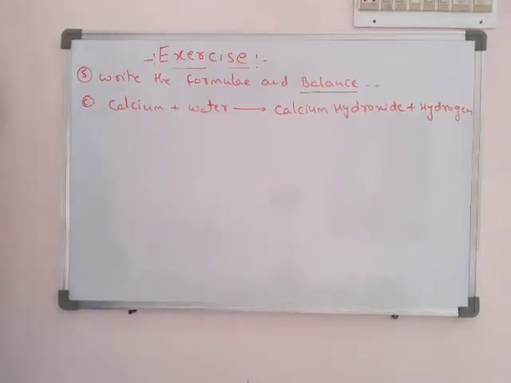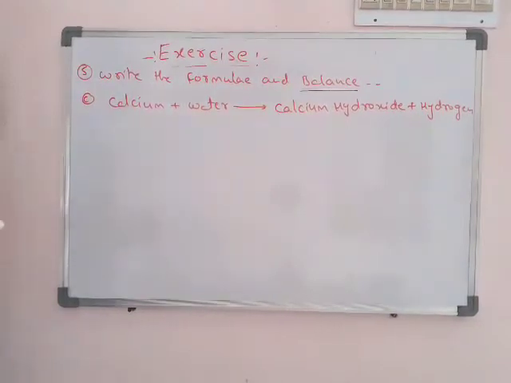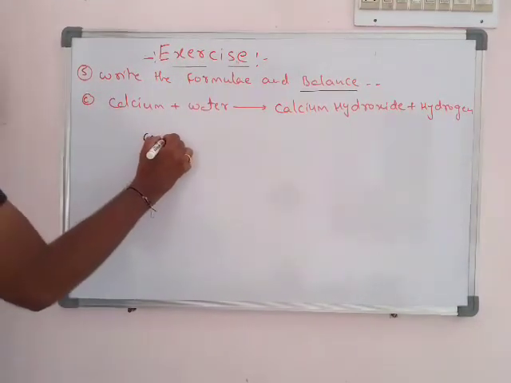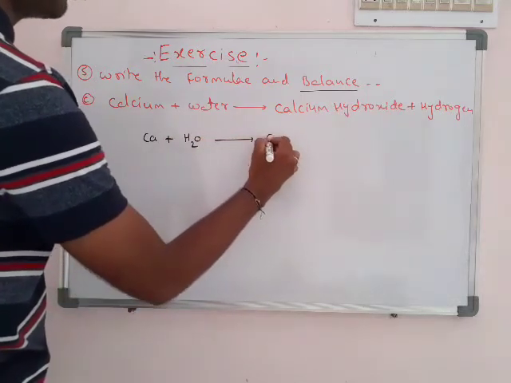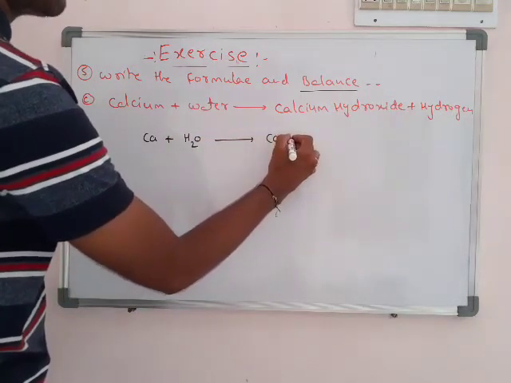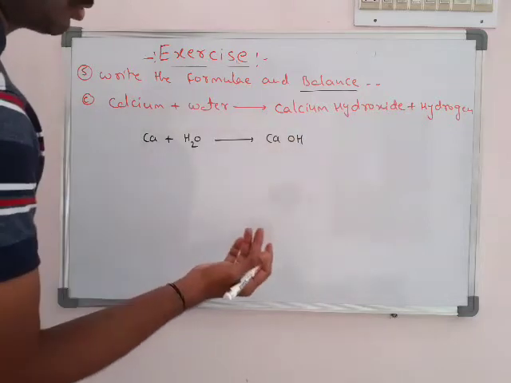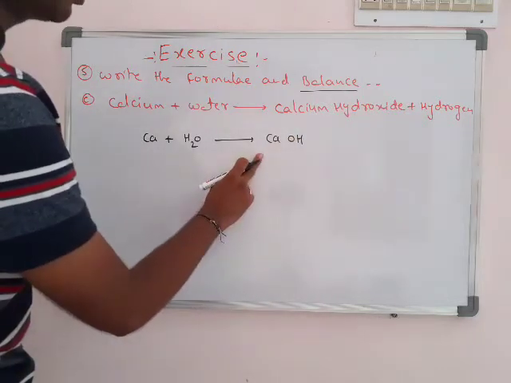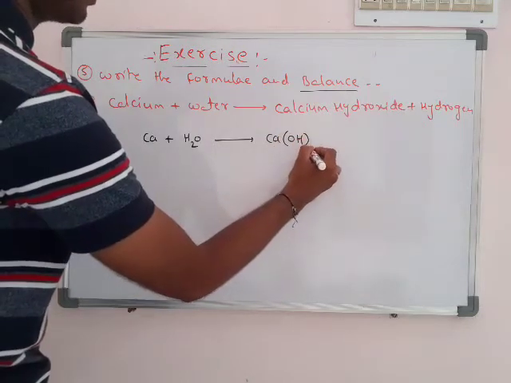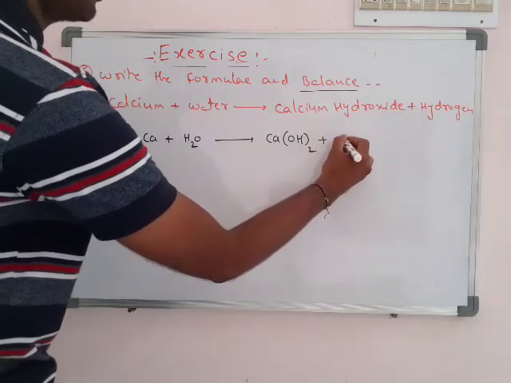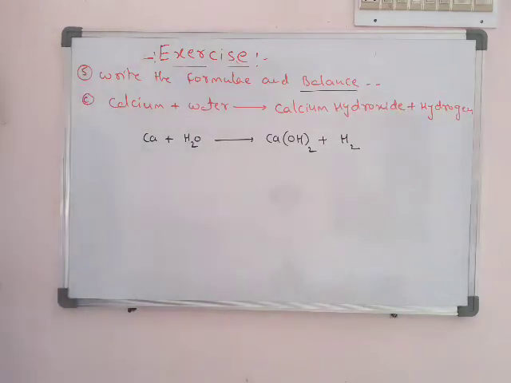We know the simple one, it's only given the elements. So calcium plus water. Then what is the calcium hydroxide? Ca. Hydroxide means OH. So for balance, Ca plus 2, OH only minus. So minus 2, I put the 2 to hydroxide. Hydrogen is a free hydrogen, H2.